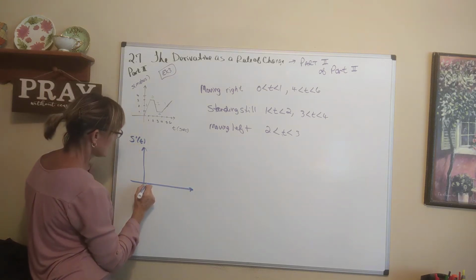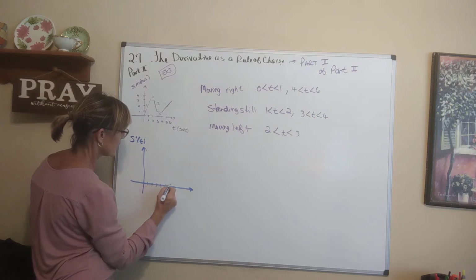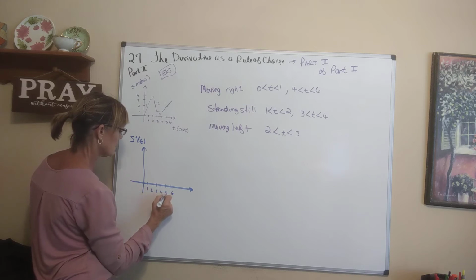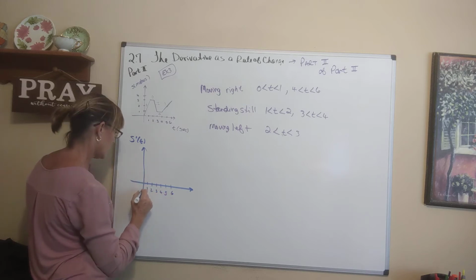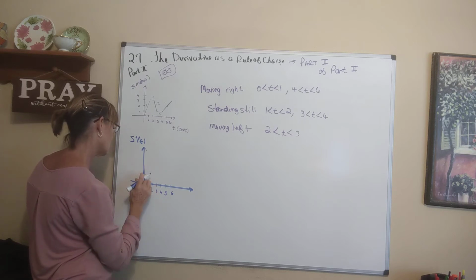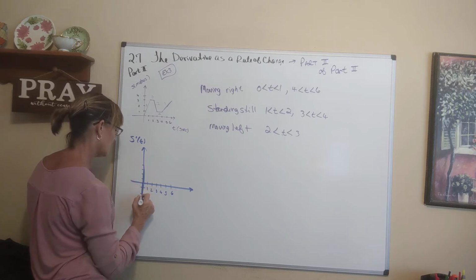We have 1, 2, 3, 4, 5, 6. And then we've got our y-axis here. We've got 1, 2, 3, 4, negative 1, negative 2, negative 3.